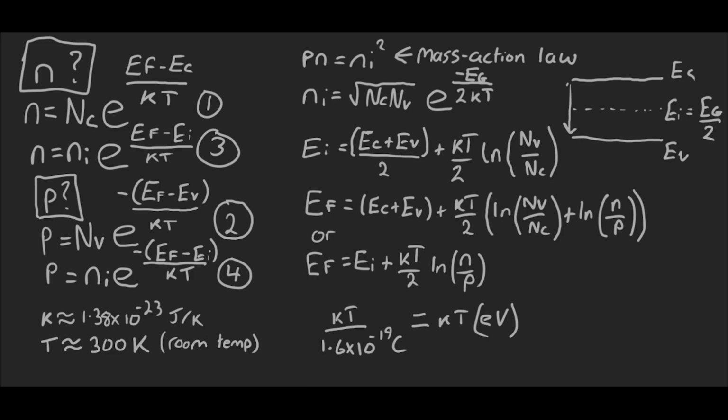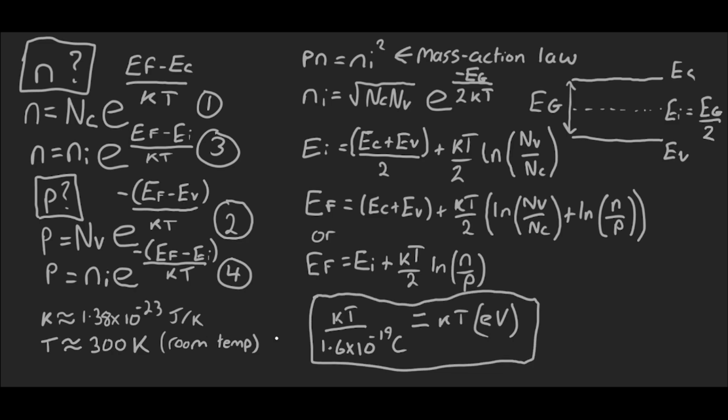And here is the band gap for your convenience. Over here in the bottom we have k, the Boltzmann constant, and T is temperature in Kelvin. This product always shows up in almost all of these equations. But here is where you need to pay attention, because we need to stay consistent with the units.